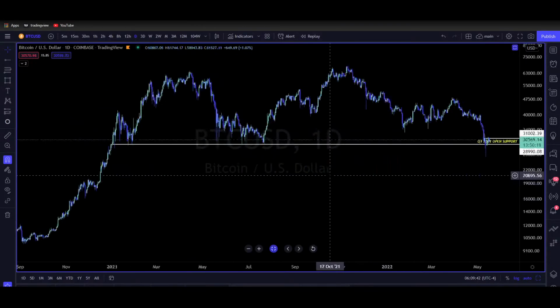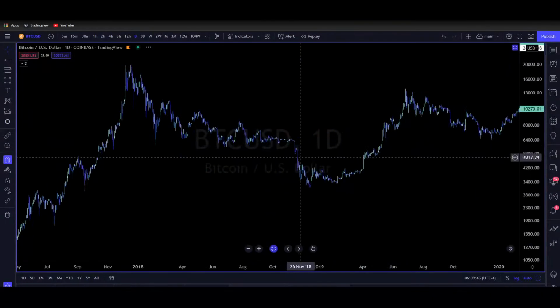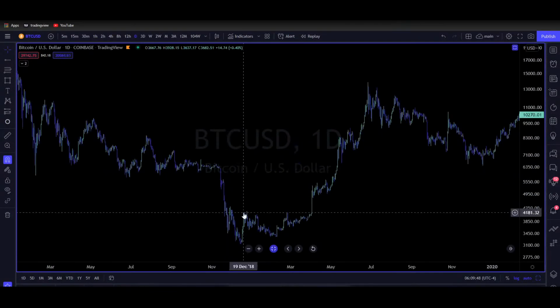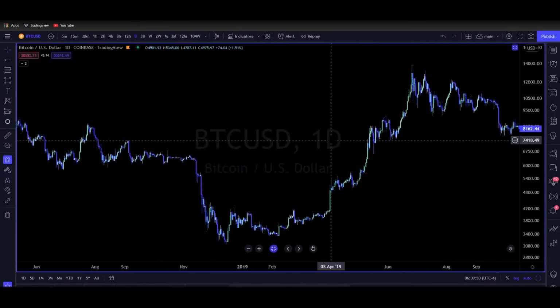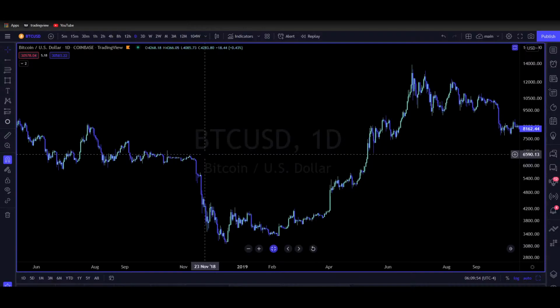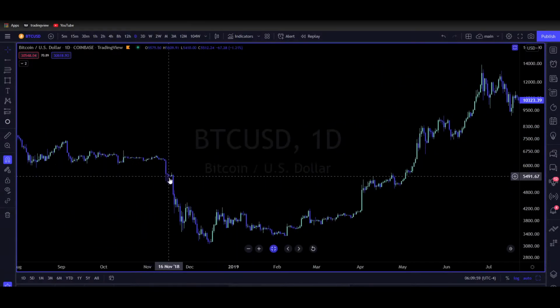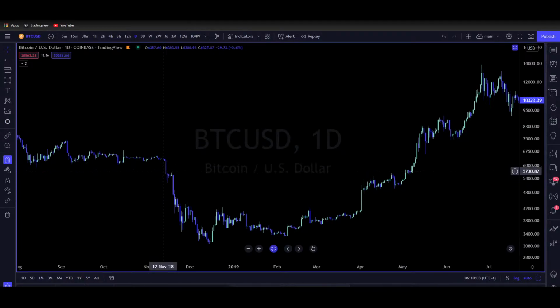Because capitulation events usually are brutal. I mean, this was a 50% drop. It doesn't look that big compared to where we are, but that's just because Bitcoin's trading at such crazy expensive levels, right? But trust me when I say this, when this day happened right there, that broke a lot of people's hearts. Just that one day.